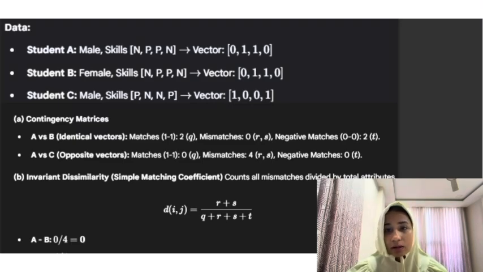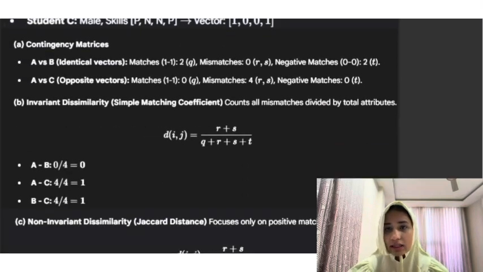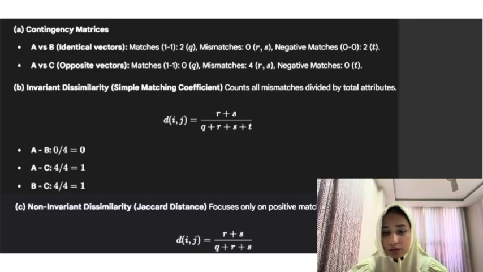Question has different subparts. So the first is construct contingency matrix. So for A versus B, identical vectors, their values are 0, 1, 1, 0. So matches 1 minus 1 are 2, mismatches are 0. So matches, it is defined as Q, mismatches are 0, and negative matches 0 minus 0 are 2.